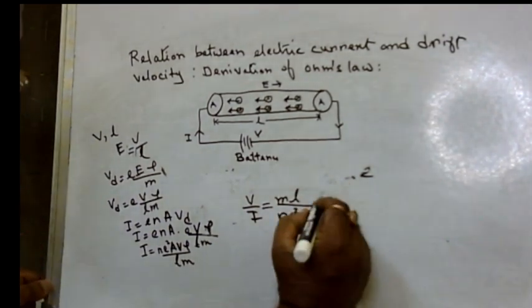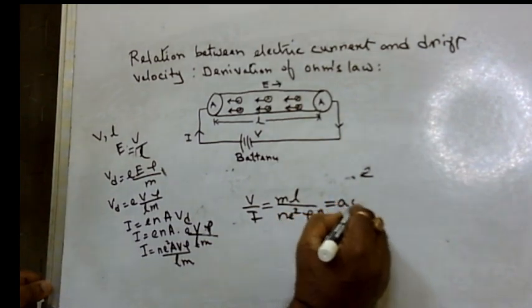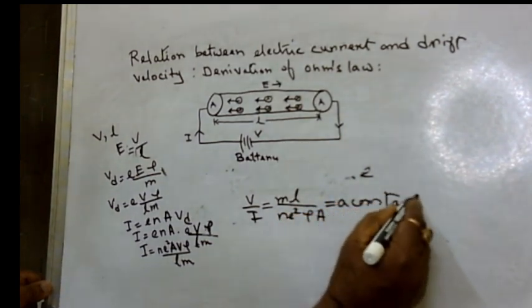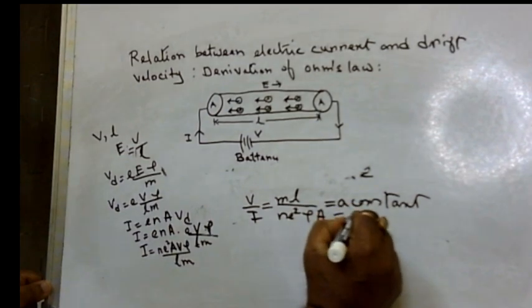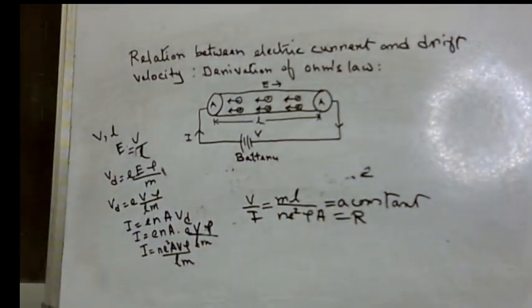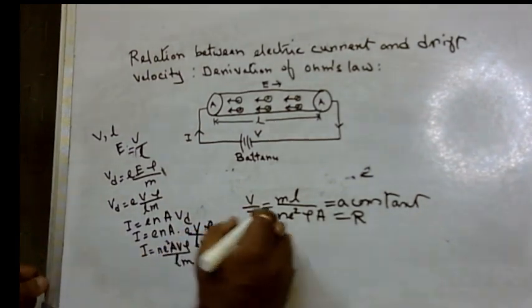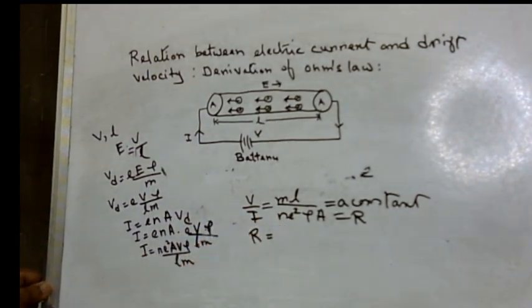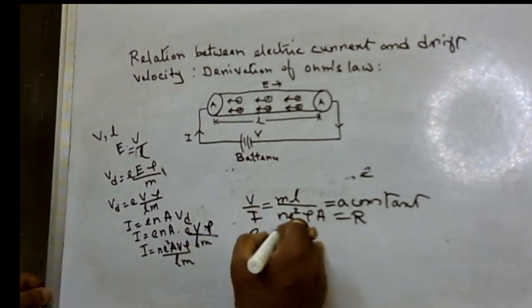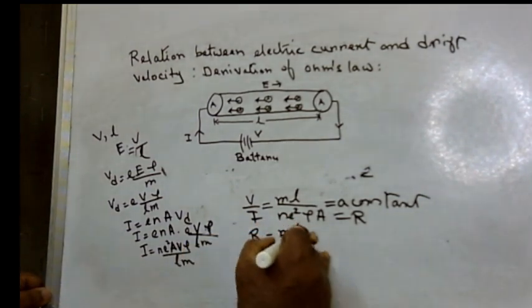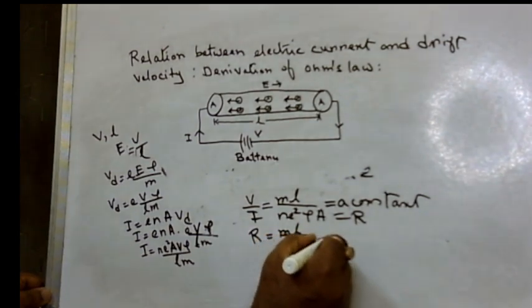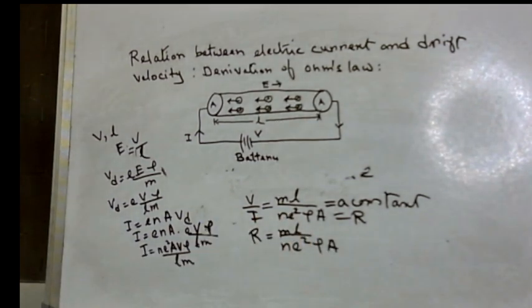So all these are constant, and we call it resistance R. So R is the resistance of the conductor, R is equal to m L by n e square tau A. So this proves Ohm's law. We have deduced Ohm's law.